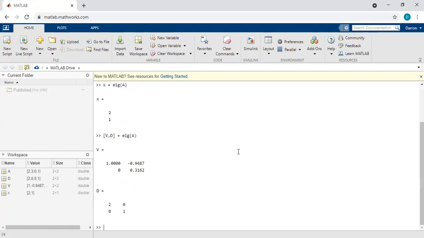All right, now let me explain something. The first eigenvector is this one here, which is 1, 0.